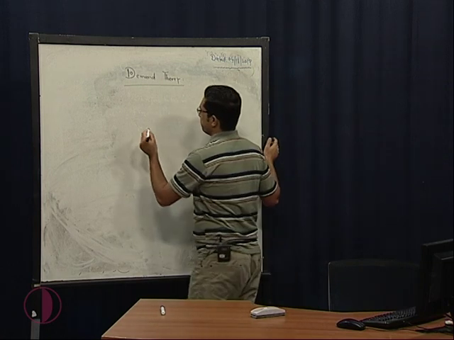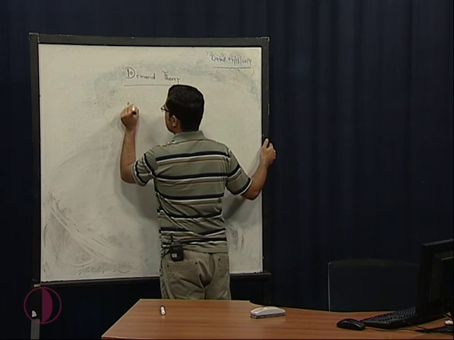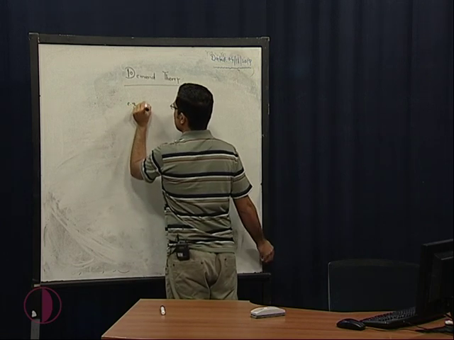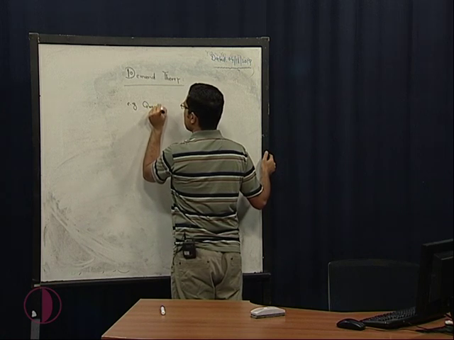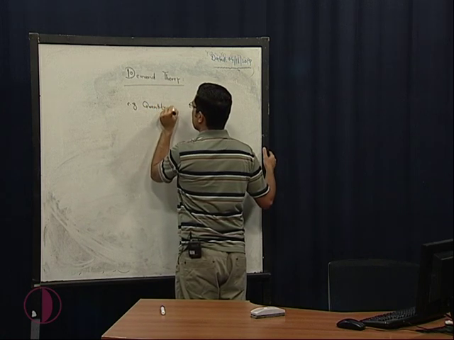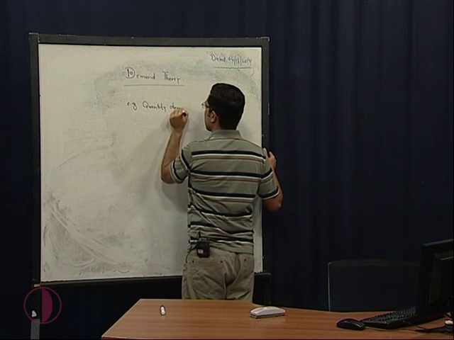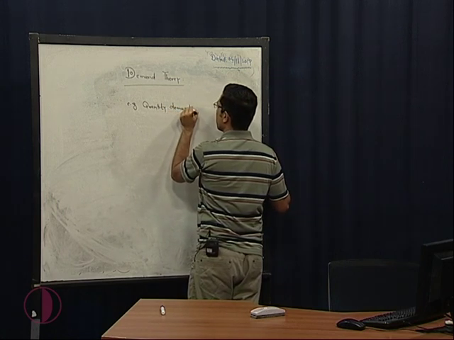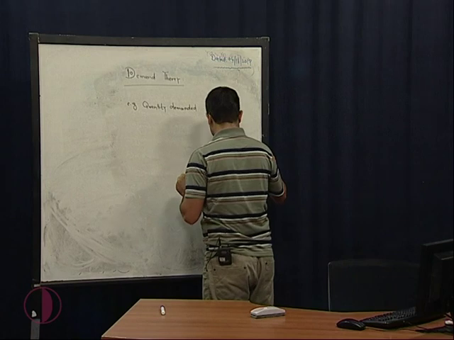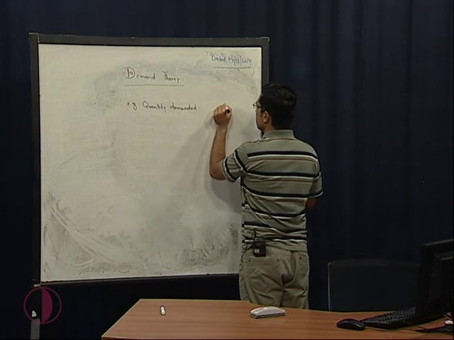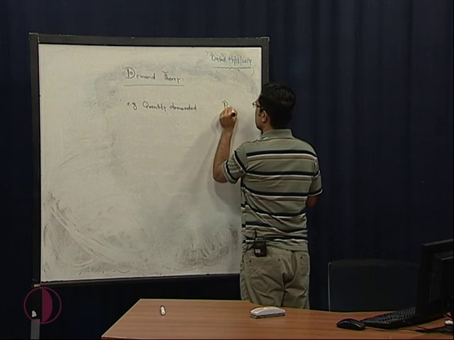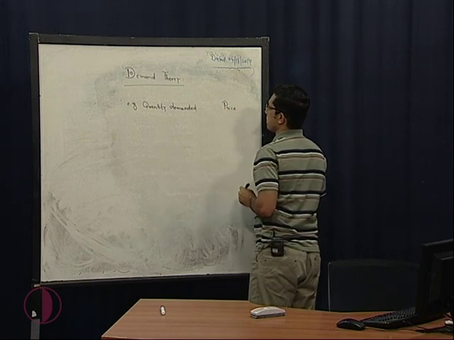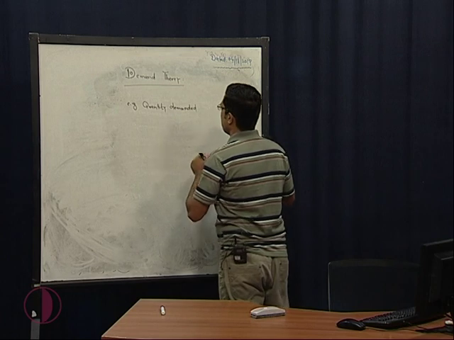For example, quantity demanded and price of a particular commodity.